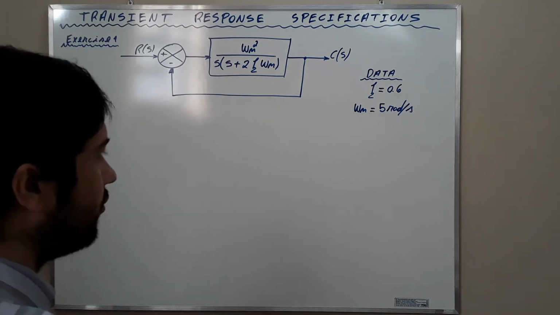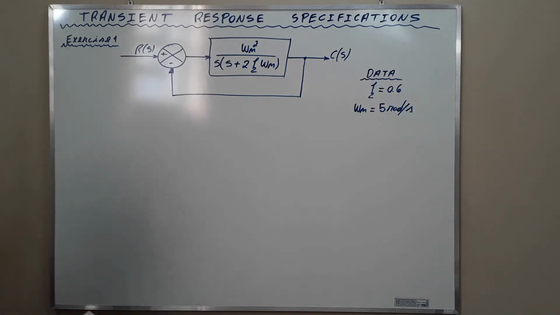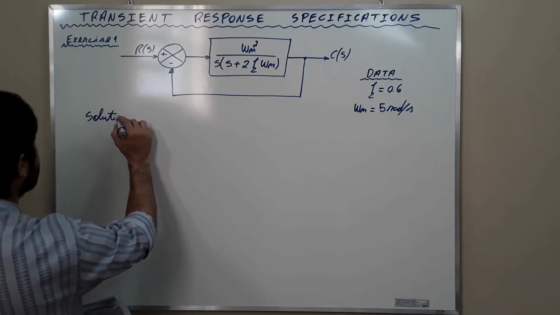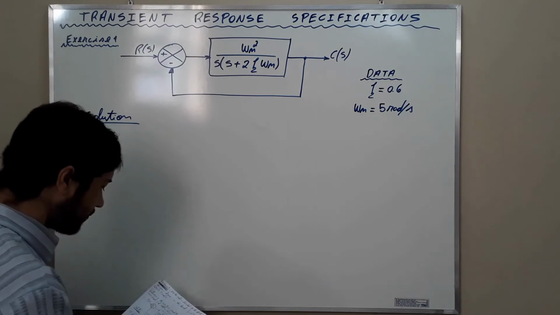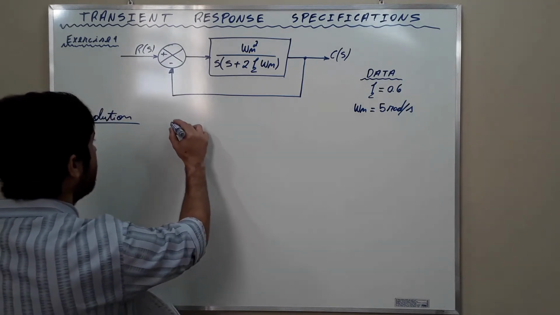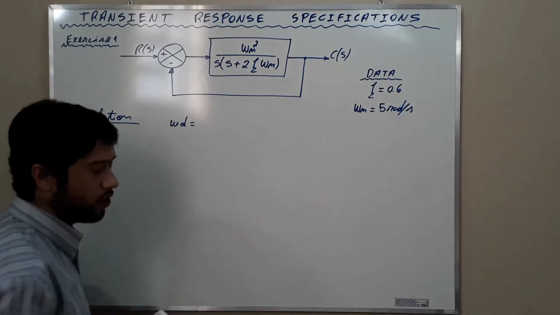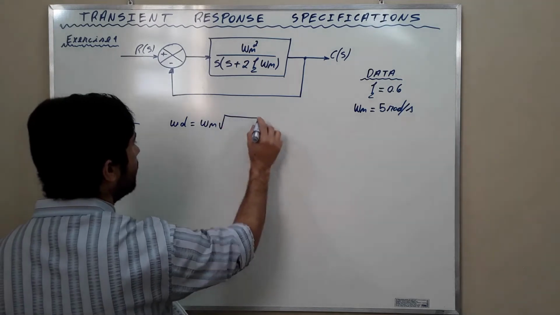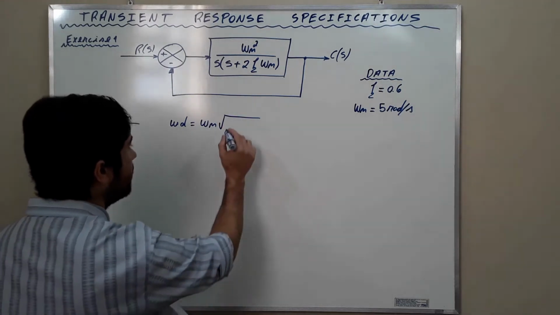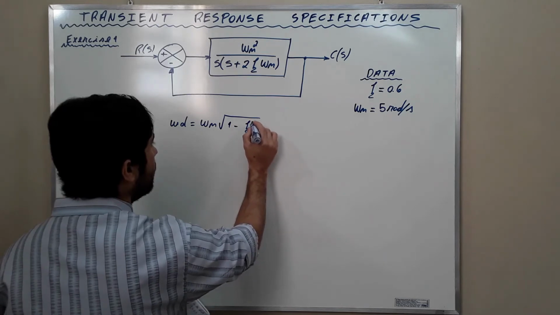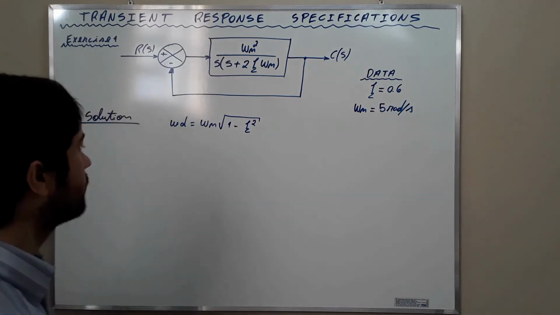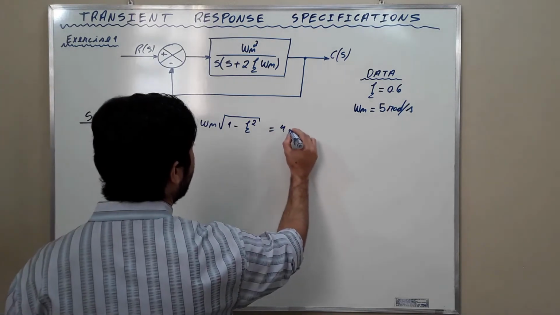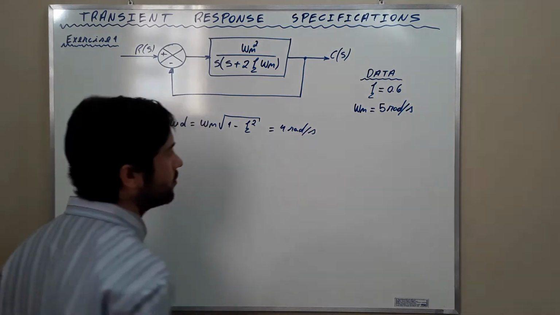From the values of zeta and Wn, we get Wd is equal to Wn times the square root of 1 minus zeta squared, which is 4 radians per second.